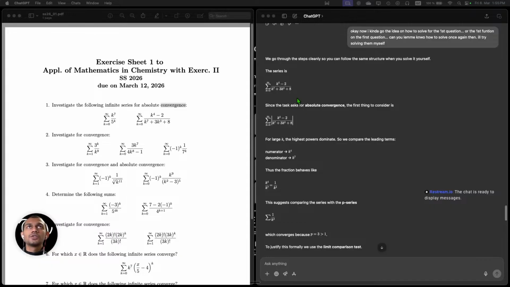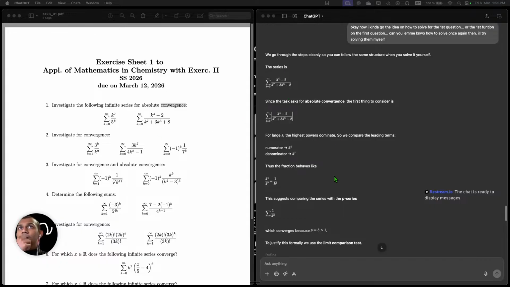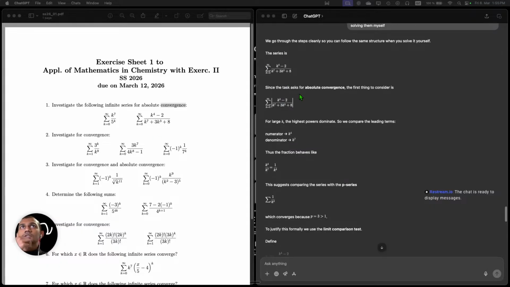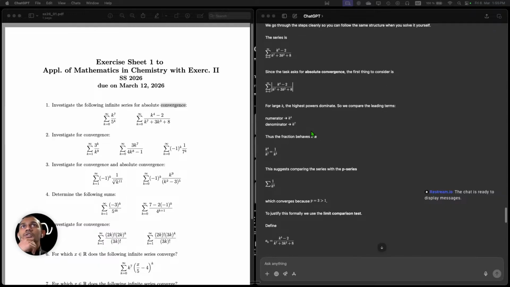So we go through the steps cleanly. As you can follow the same structure, you will solve it yourself. The series is. So I did not do this one. Since the task asks for absolute convergence, the first thing is to consider for large K, the highest power dominates, so we compare the leading terms, numerator, denominator, thus the fraction behaves like this.